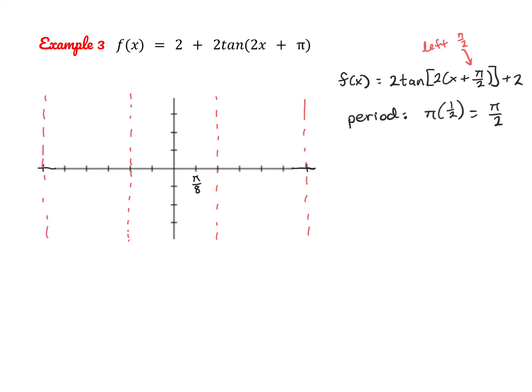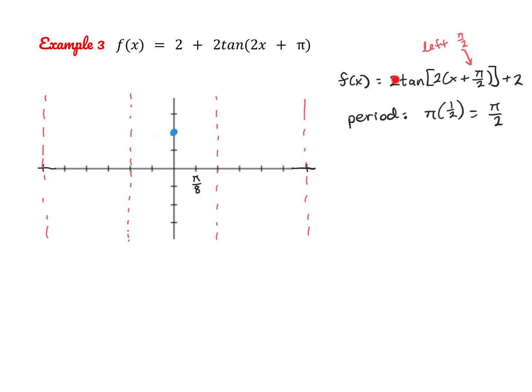Okay, and then tangent is always going to have a point right in the middle of your 2 asymptotes. Usually it would be here at the origin. However, we do have that vertical shift up 2, so it's going to be right here. And then it's also going to have our quarter way points. So typically from wherever the midway point is, you would go up 1 unit and then down 1 unit.